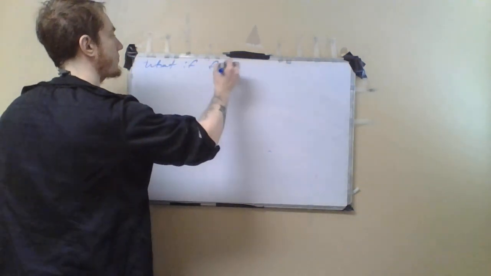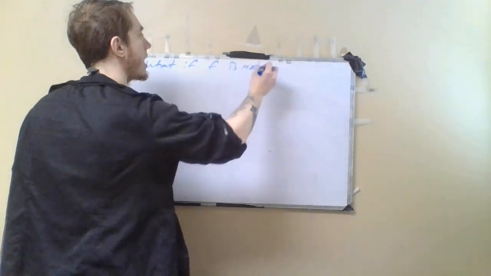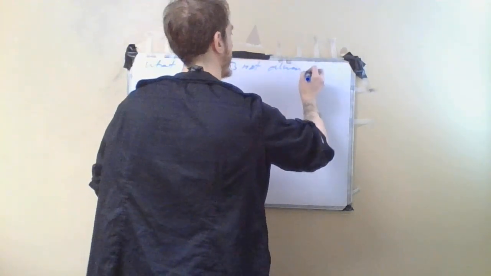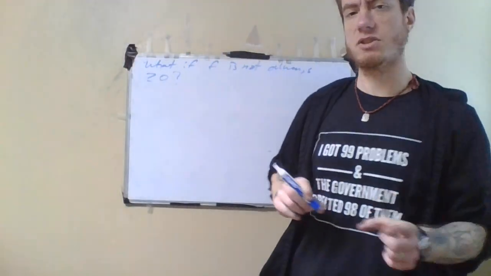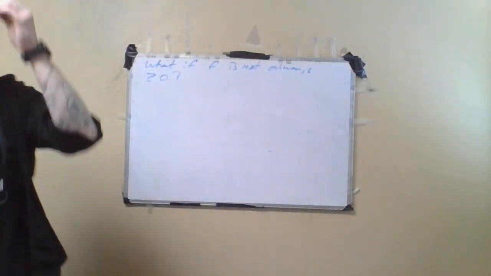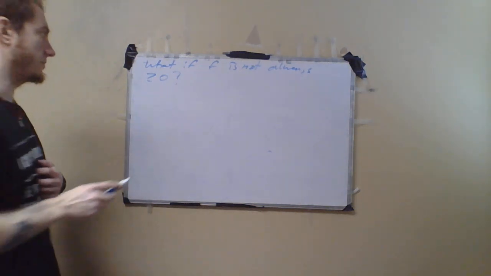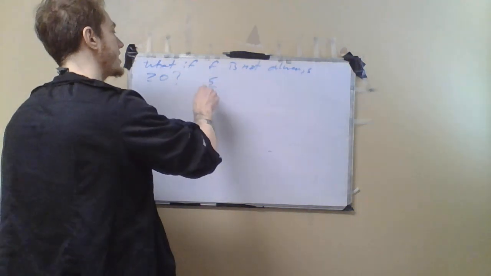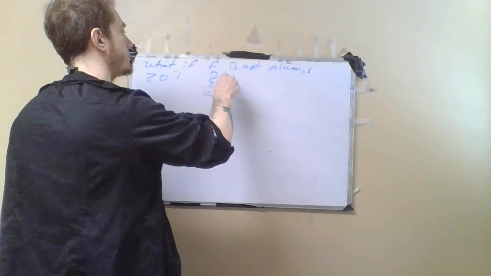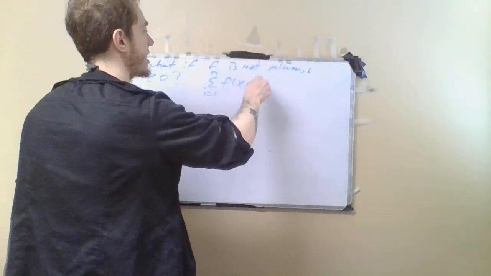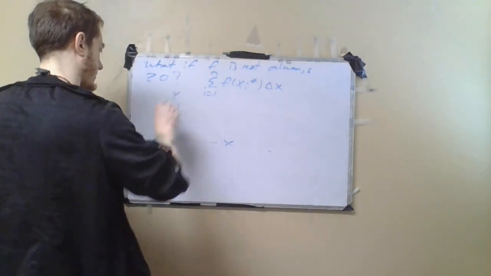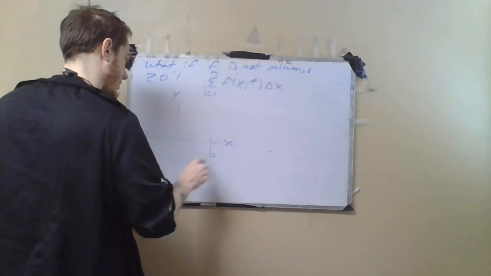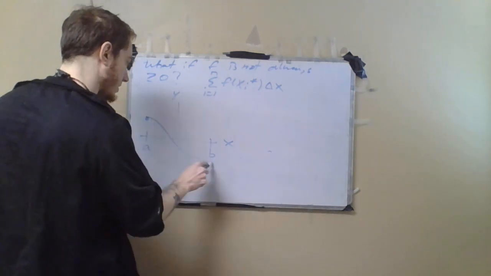So what if f is not always bigger than or equal to 0? What if there are places where it's negative? Well, we could still define these Riemann sums. We could still think about the sum from i equals 1 up to n of f of x_i star delta x. But the problem is that when we do this, first of all, I have to make a picture.